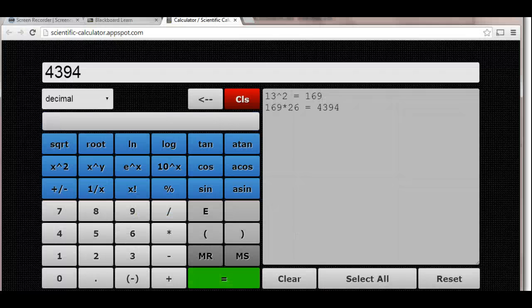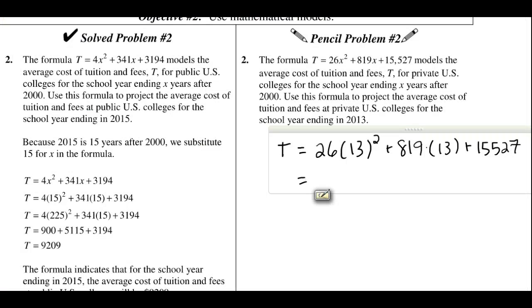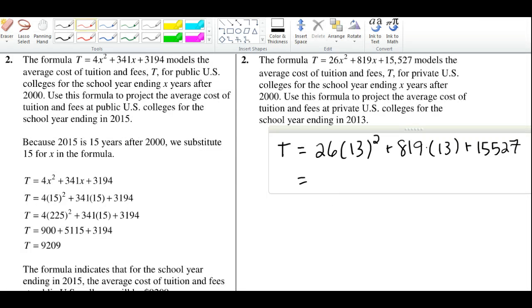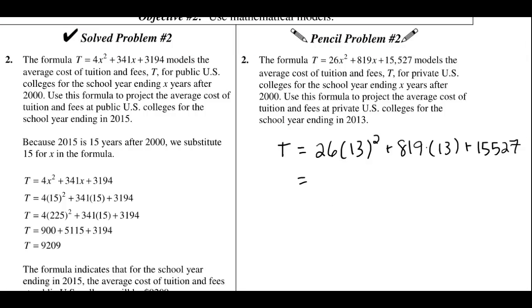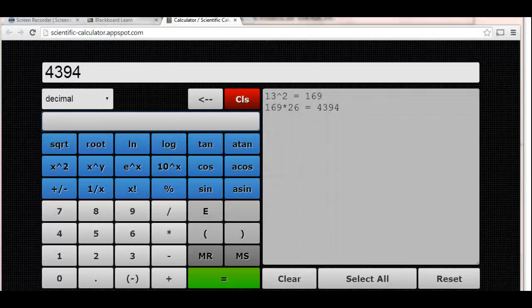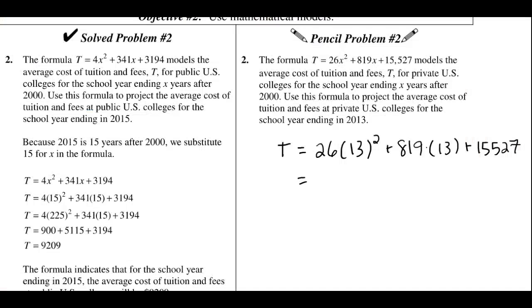We see that number is equal to 4,394. So let's go back over here and write that down. 4,394. And then let's see what 819 times 13 is.